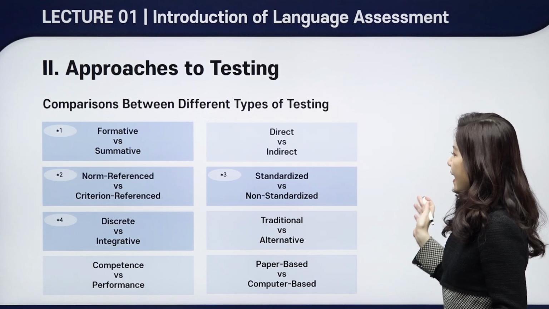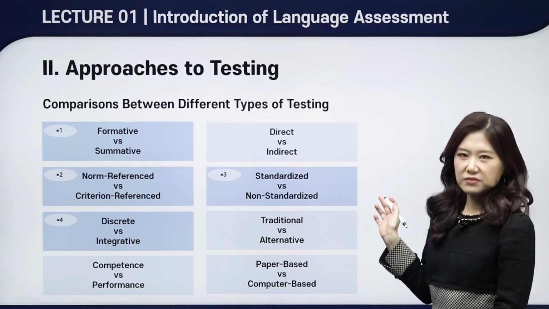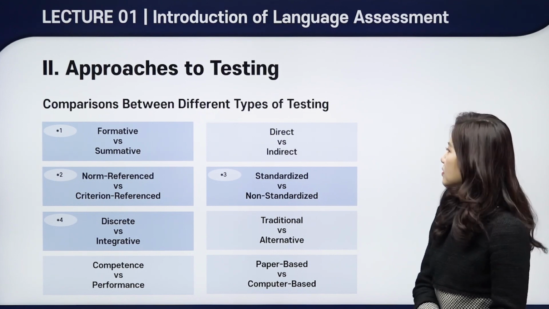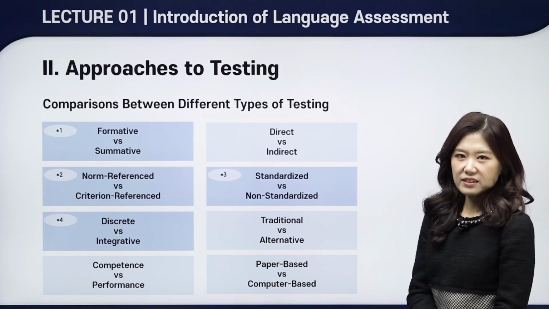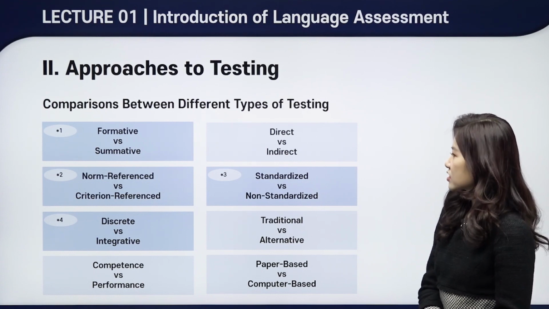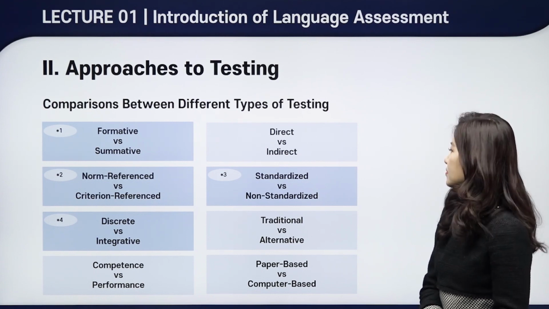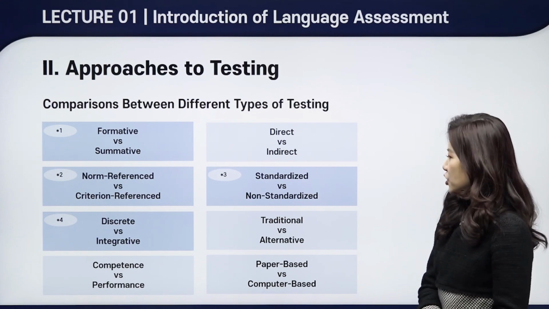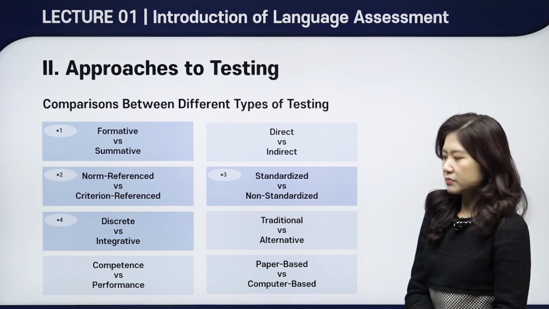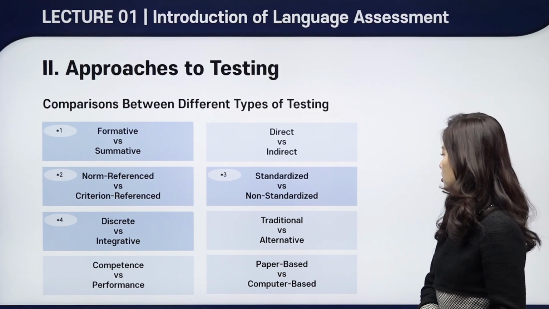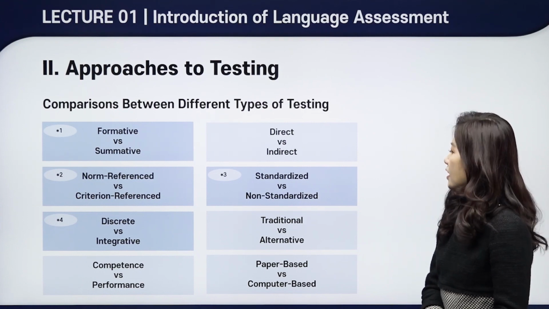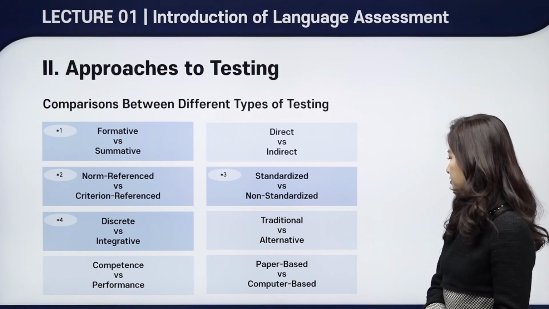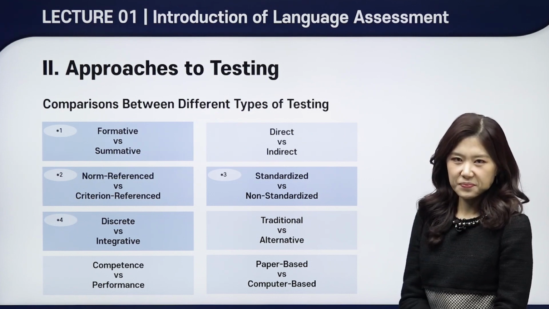You can see here 8 pairs of different types of testing. So we see formative versus summative, direct versus indirect, norm-referenced versus criterion-referenced, standardized versus non-standardized tests, discrete versus integrative, traditional versus alternative, competence versus performance, and finally, paper-based versus computer-based.